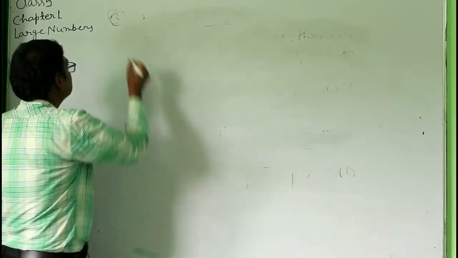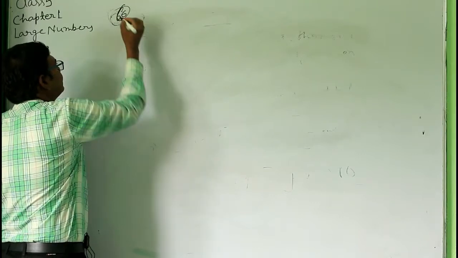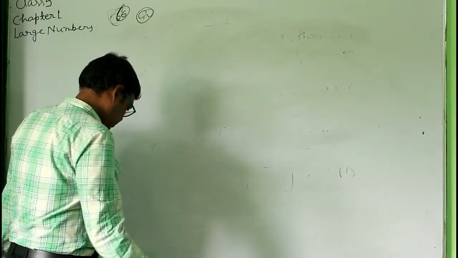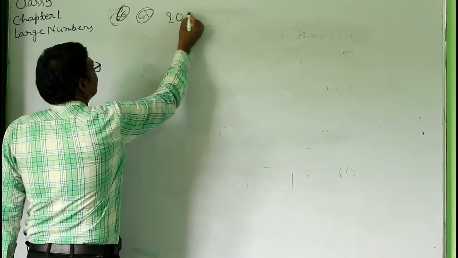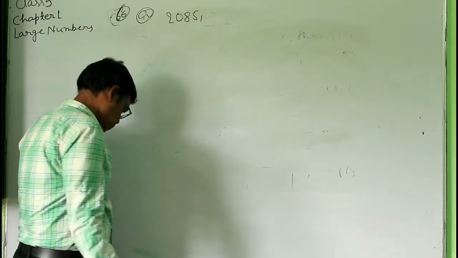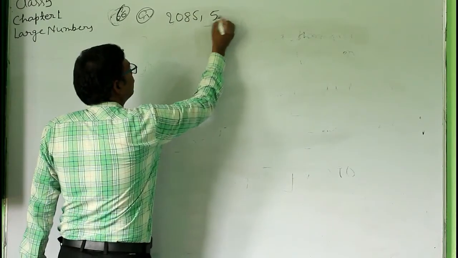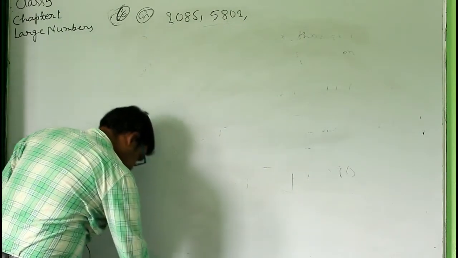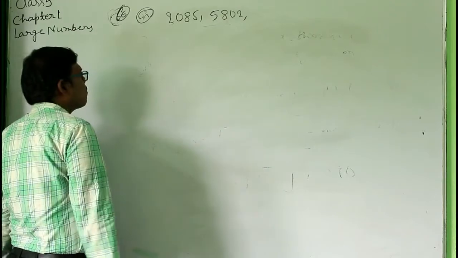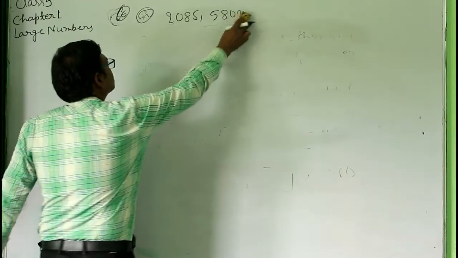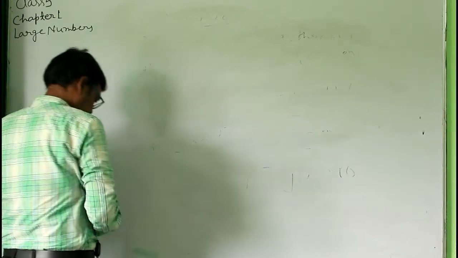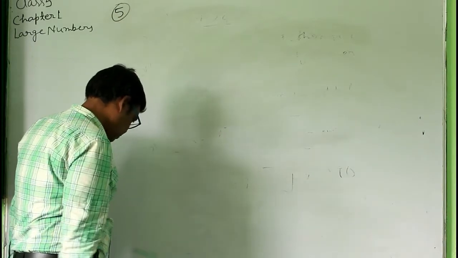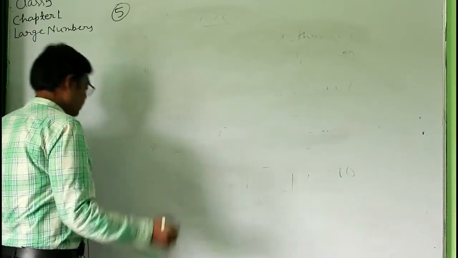So number 6, first number A, and the question is here 2005, then 5802, first I will solve the question number 5, okay, not 6. Let's take question number 5. So in this question, first arrange the numbers in the ascending order. Ascending order, please.